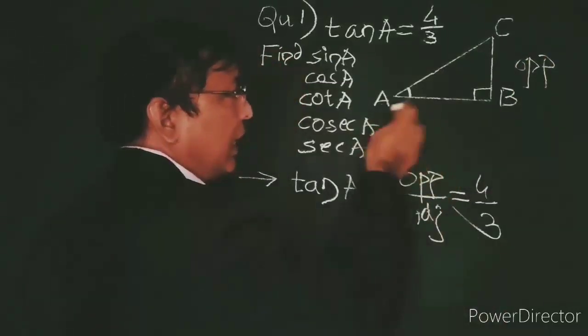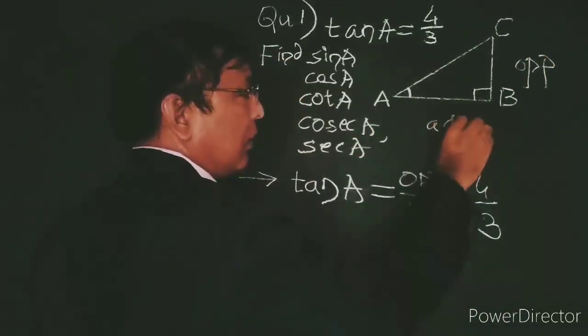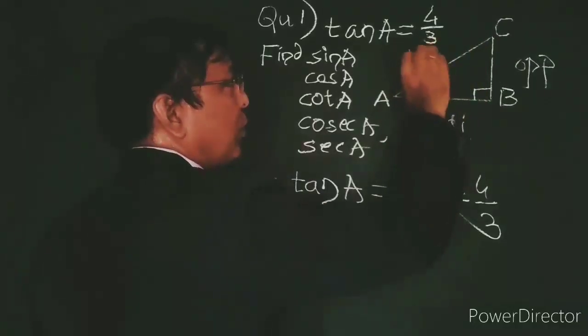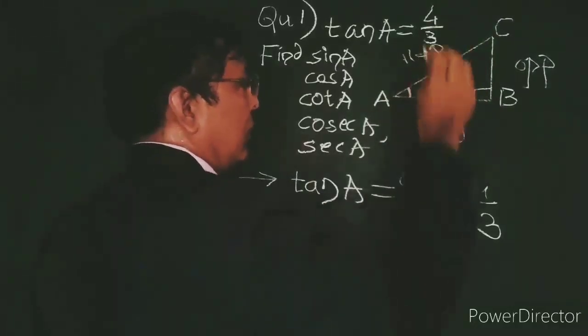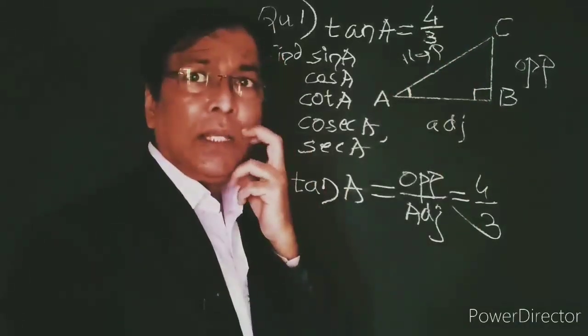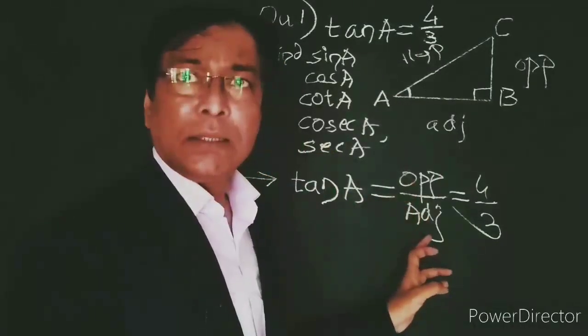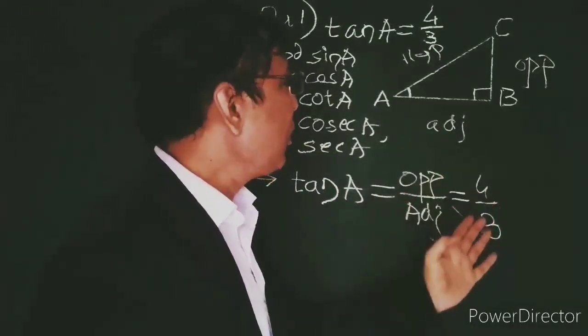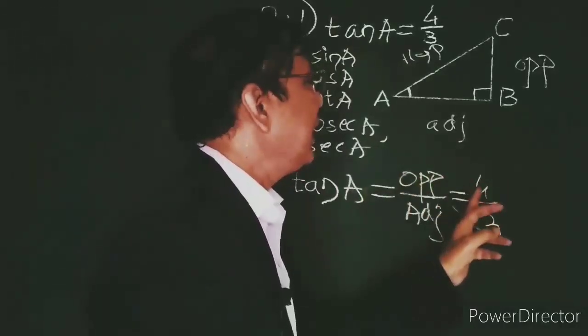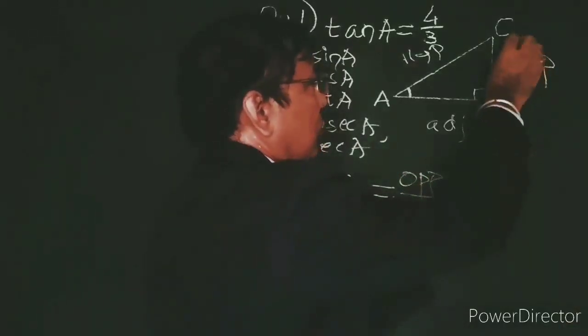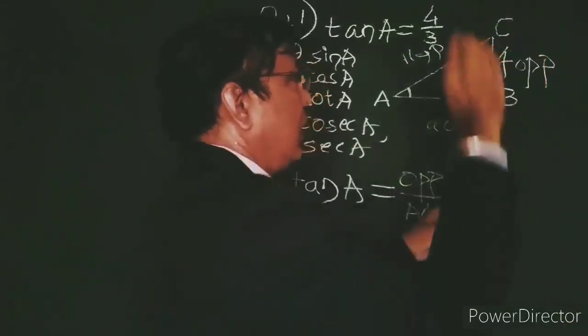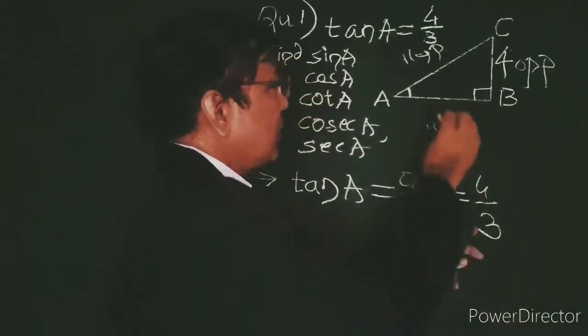The side AB is the adjacent side and the side AC is the hypotenuse. Tan A is opposite side upon adjacent side and the value given is 4 upon 3. That means the opposite side is 4 and the adjacent side is 3 units.